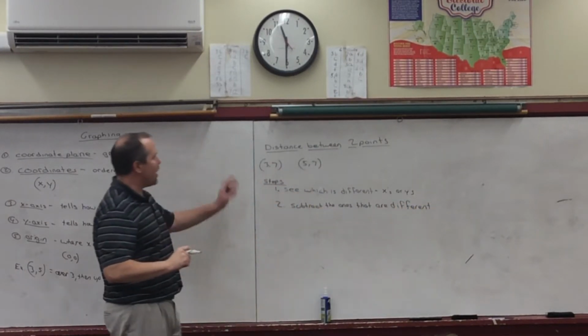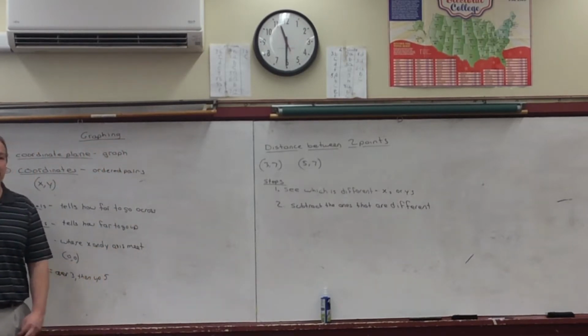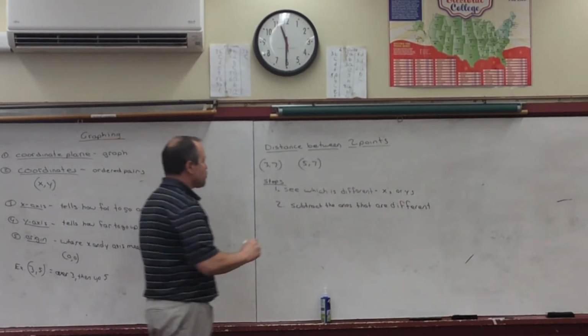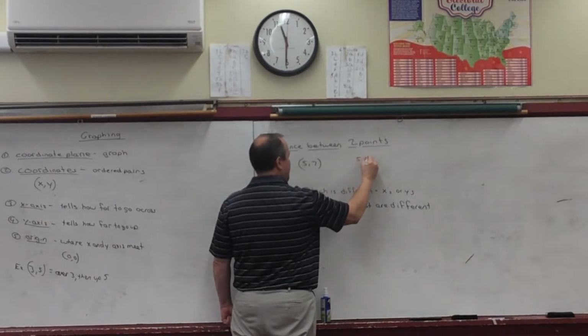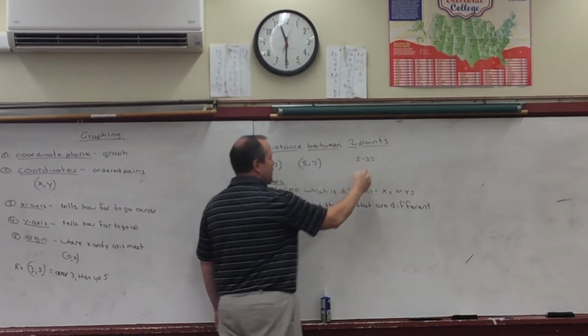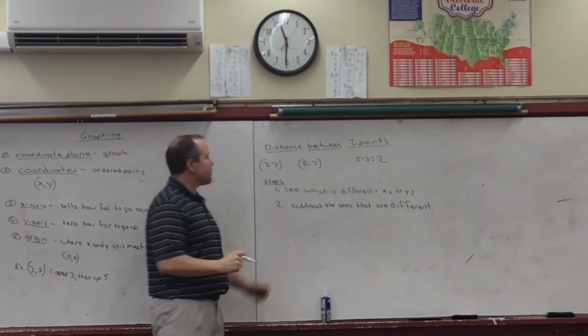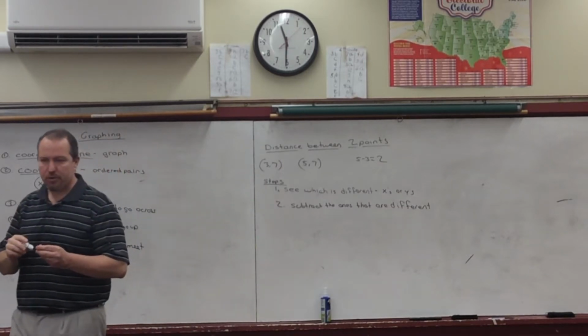So if we have ordered pair 3, 7, and ordered pair 5, 7, we're going to subtract 5 minus 3, and 5 minus 3 is 2. The distance between those 2 points would be 2.